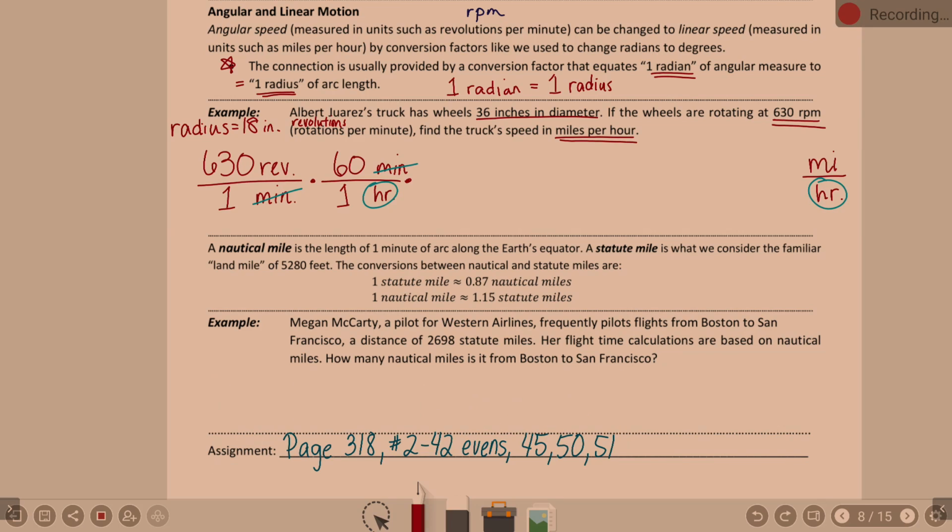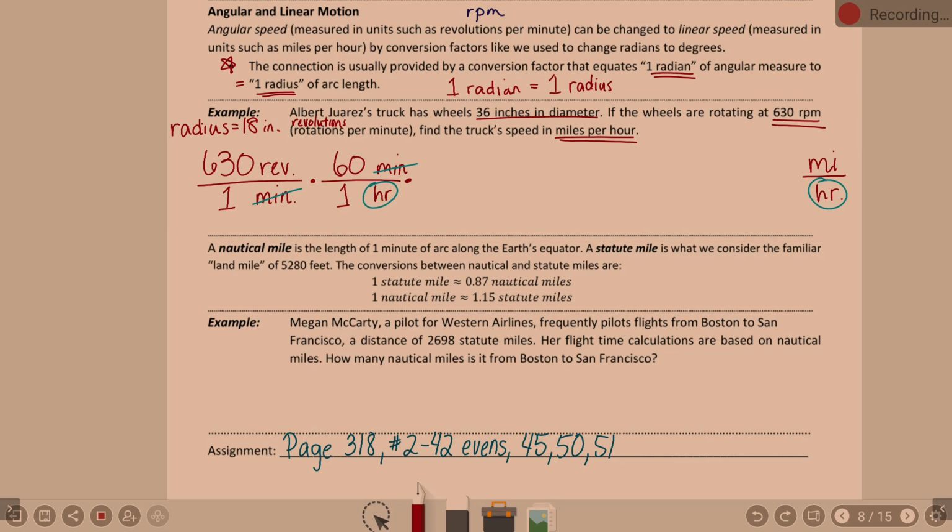Now, we need to get out of revolutions. A revolution is once around a circle, yes? What measurement do you know about once around a circle? It's 360 degrees. What do we know about 360 degrees?